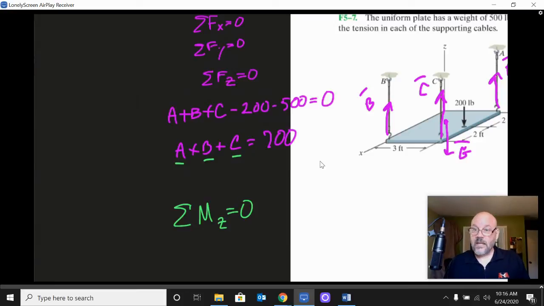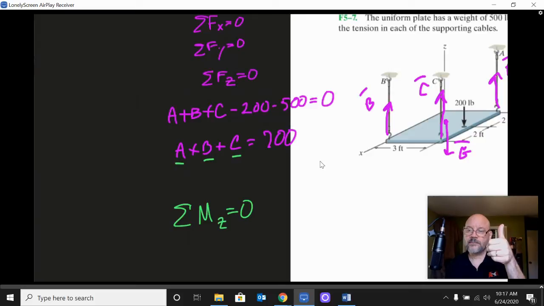Now, in our particular case, all of the forces are vertical, and so none of them are going to contribute to a Z. Like this, if I've got my Z axis straight up, you want to curl your hand. It's my right hand. And I know in my camera, I'm looking at my camera here, everything's backwards. So I'm going to do my left hand so that it looks correct to you.